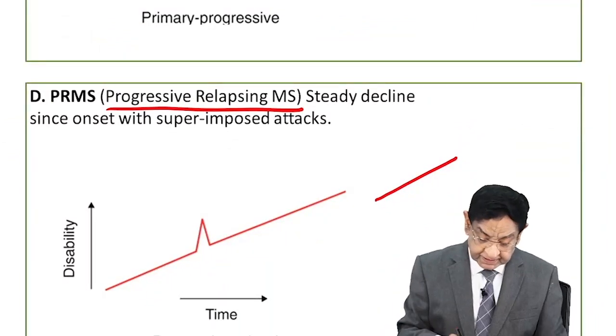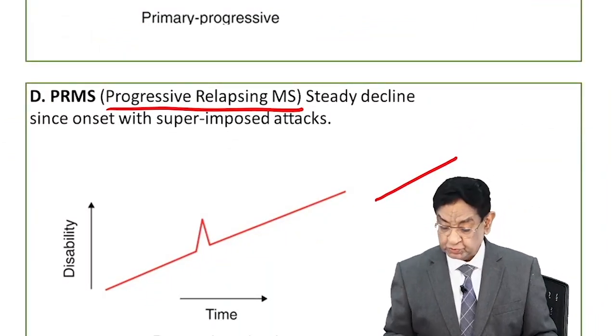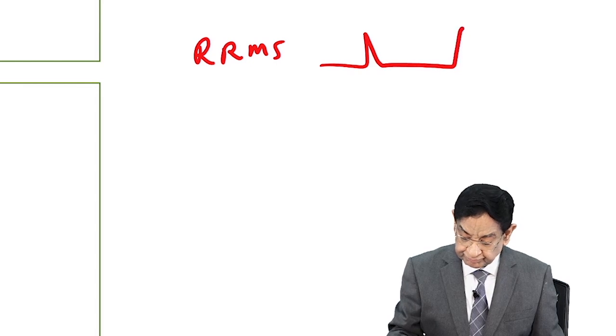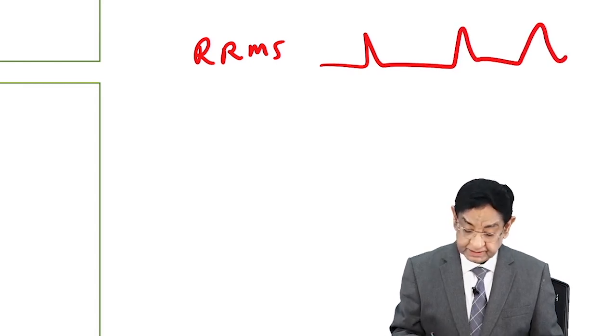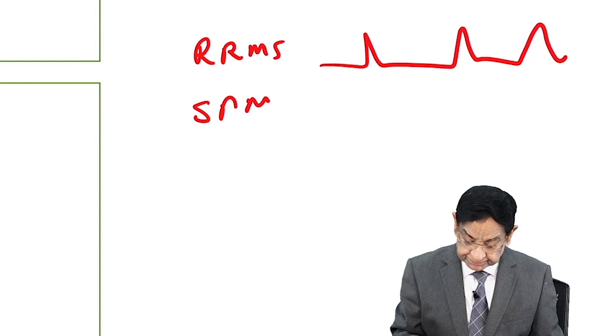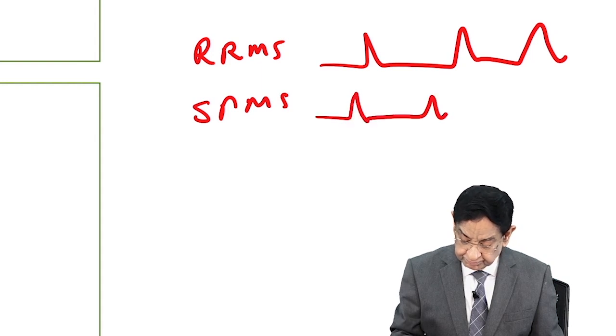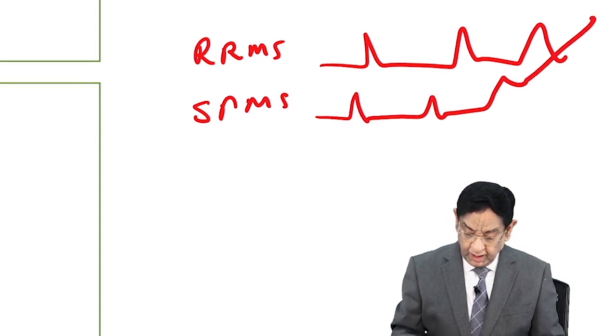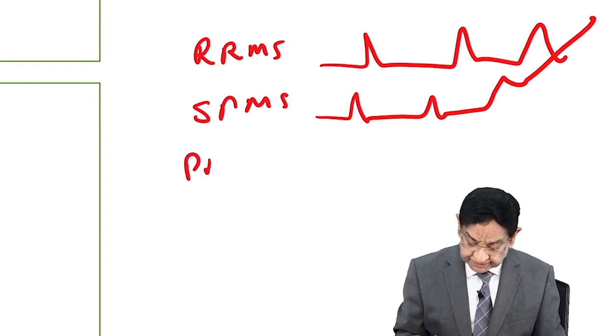This is what we call progressive relapsing, PRMS. So friends, a quick recap. RRMS. Then secondary progressive. Primary progressive.